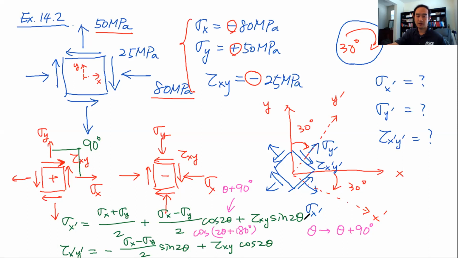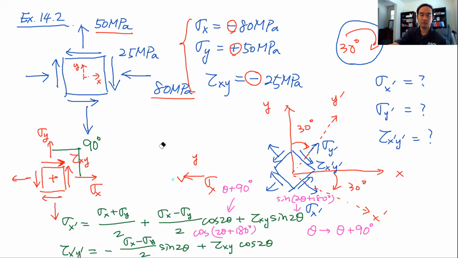And for sine, the same thing, sine of 2 theta plus 180 degree here. What happens is, remember the cosine and sine function? I'm going to erase this sign convention thing to make room for the remaining explanation.